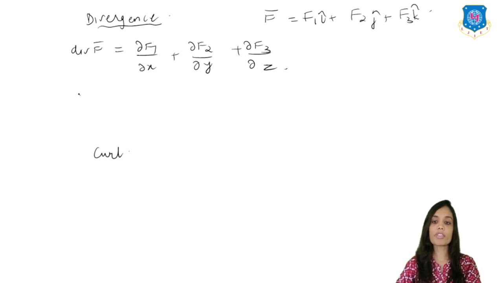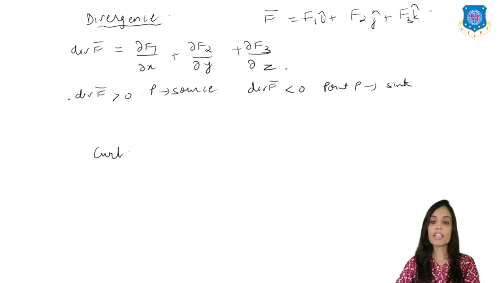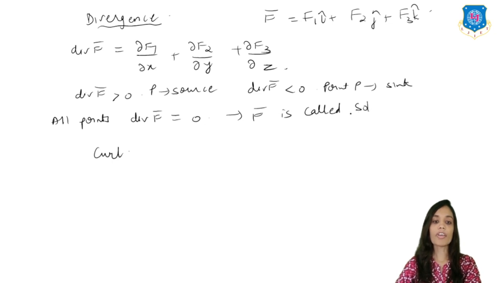Now from this we have studied if divergence of f bar is greater than 0 at any point P, then P is known as source. If divergence of f bar is less than 0, then point P is known as sink. And if at all points divergence of f bar is equals to 0, then f bar is known as solenoidal vector field.